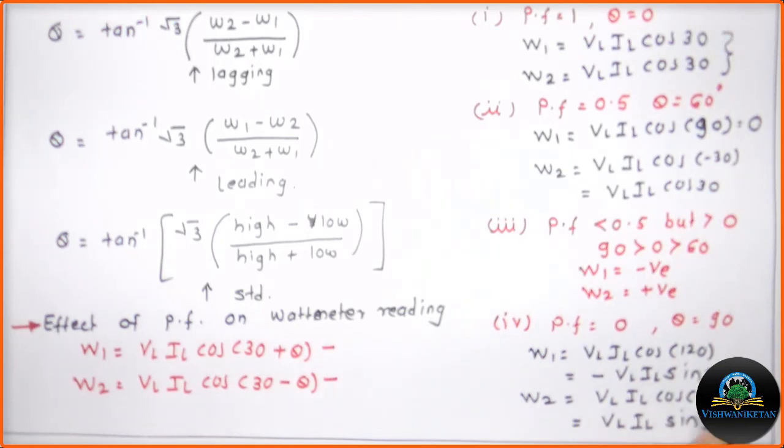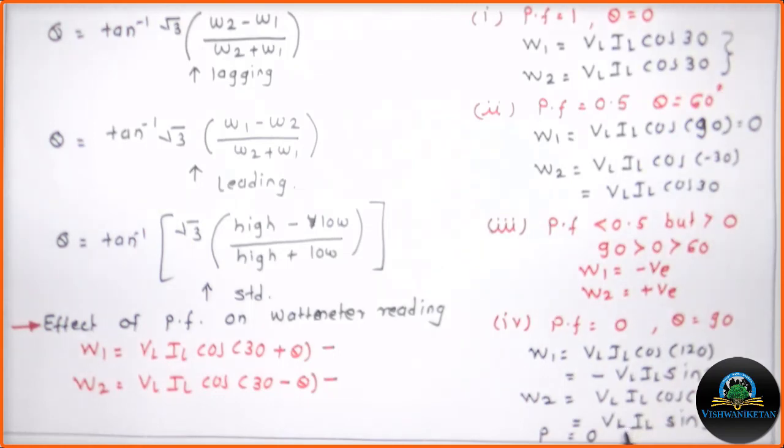Now just check these two values. Their magnitudes are the same, VL IL sin 30, but one is negative and the other is positive. So the total power is equal to 0, because one value is negative and the other value is positive.